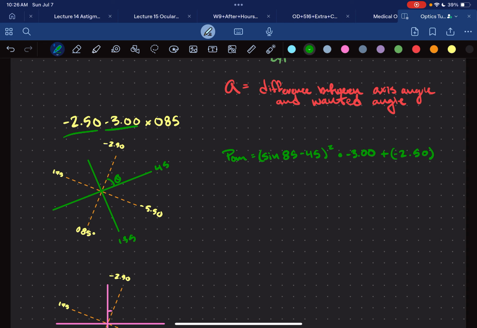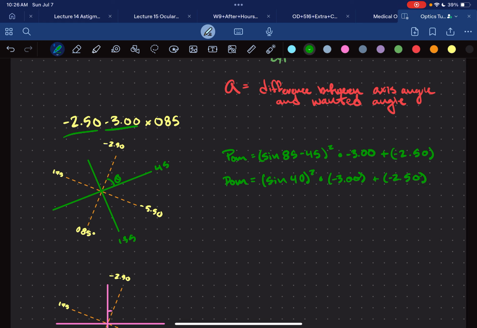Great. Let's simplify that down a little bit. Power equals sine of 40, we'll square all of that once we get it, times a negative 3 plus a negative 2.50.